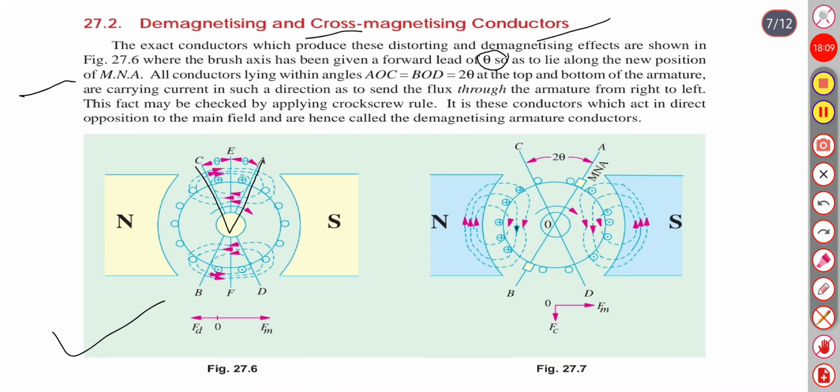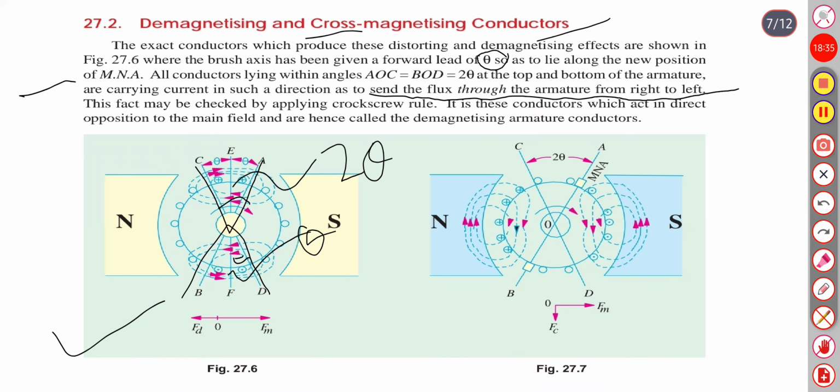AOC and BOD, suppose this is the angle theta, this one, so this complete angle will be 2 theta. The conductors at the top and the bottom of the armature are carrying current in such a direction as to send the flux through the armature from right to left.